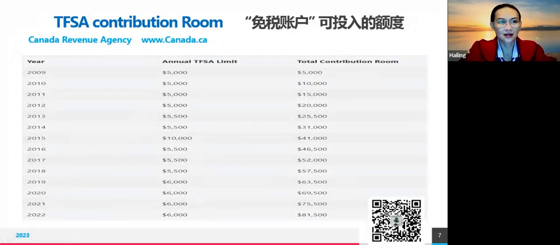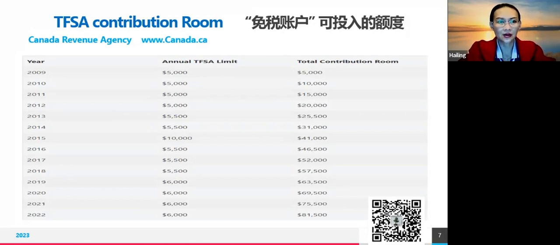So since 2009, the government designed this account for all Canadians to develop a very good habit of saving money for their short-term, medium-term, and long-term needs. Whenever they withdraw the money, it's tax-free.